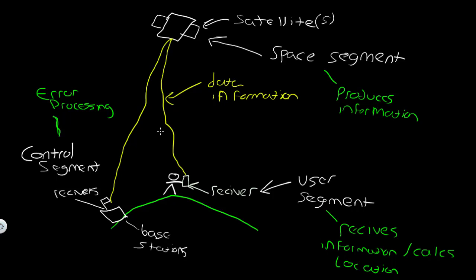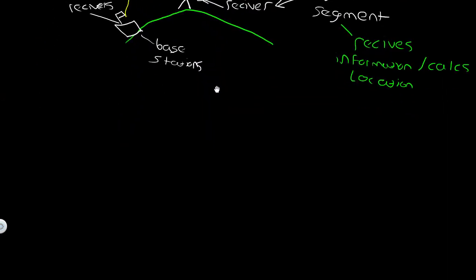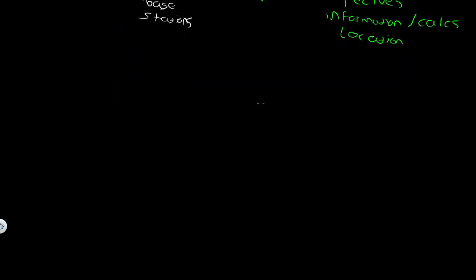Okay, so let's recap what we've done here. We've managed to outline and describe the three components of GPS.